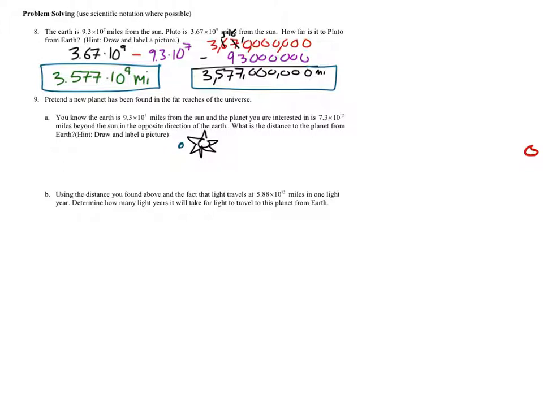All right, as it turns out, we've got to take the distance from the Earth to the sun, and add the distance from the sun to the planet. That will tell us the distance from the Earth to the planet. So let's look at it. I've got the distance from Earth, which we already showed was 93 million.